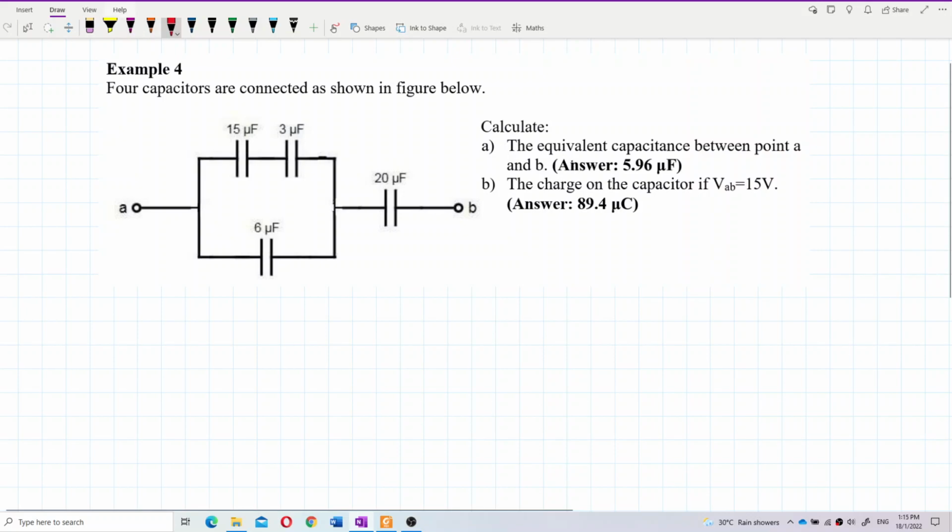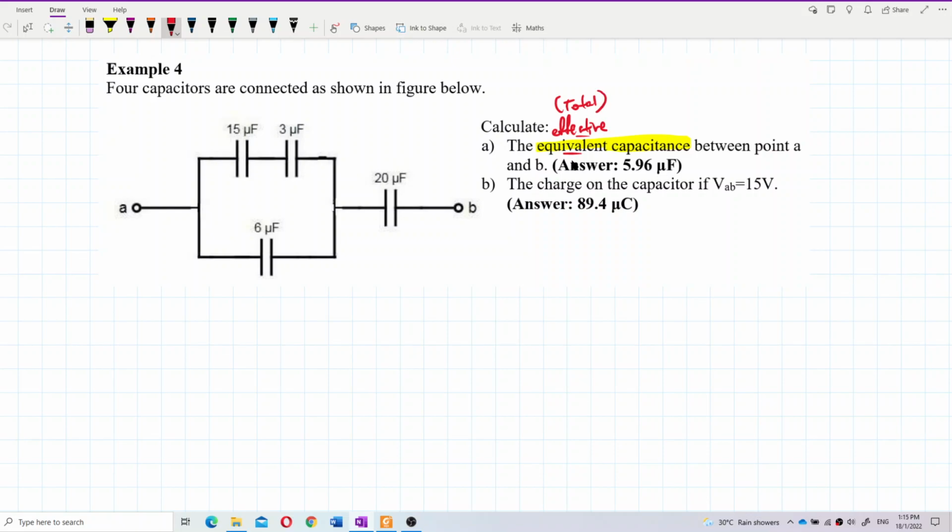So he wants to find the equivalent capacitance. Sometimes the question will ask about effective capacitance. The words equivalent and effective have the same meaning. It means the total capacitance.